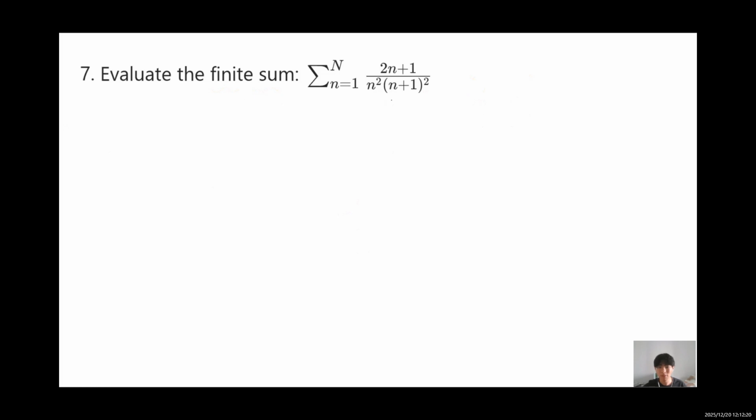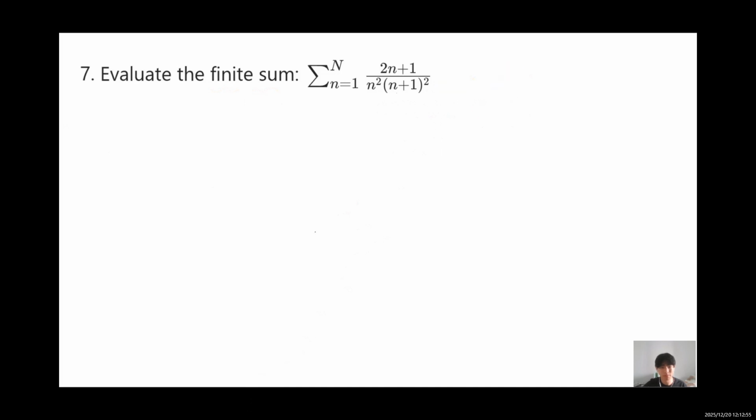Let's check whether it's proper first. The degree of the upper part of this is 1, and its denominator's degree is 4. So 1 less than 4, so it's proper.